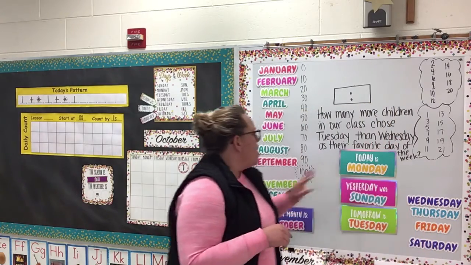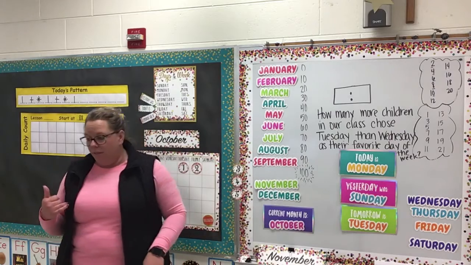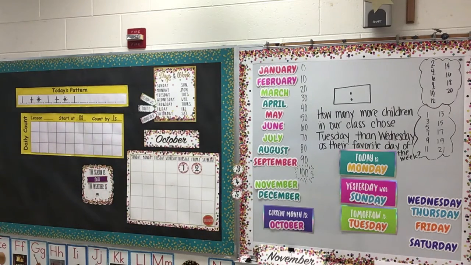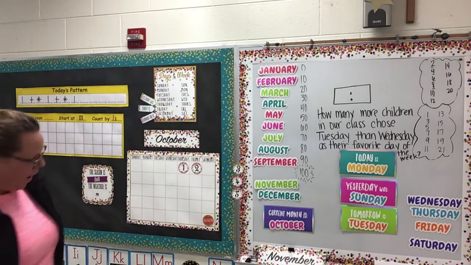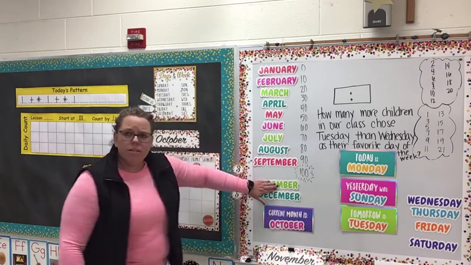All right. Let's go ahead, please, and look at our month. We are currently in the month of October. If we're in the month of October, what comes after October? After October will come November. And November is what month of the year?